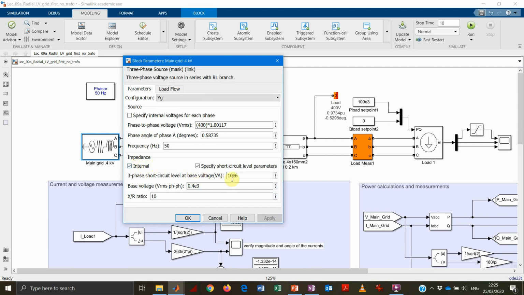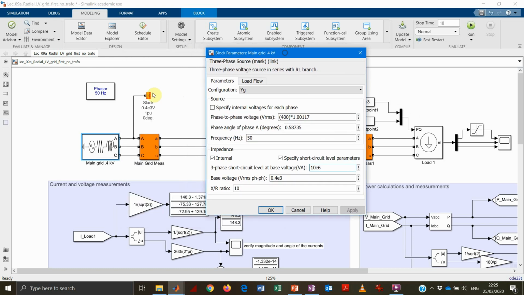The impedance is characterized by a certain short circuit power, and a certain ratio between the reactance and resistance. So actually this value here is very high for a low voltage grid, but let's just keep it as it is right now.